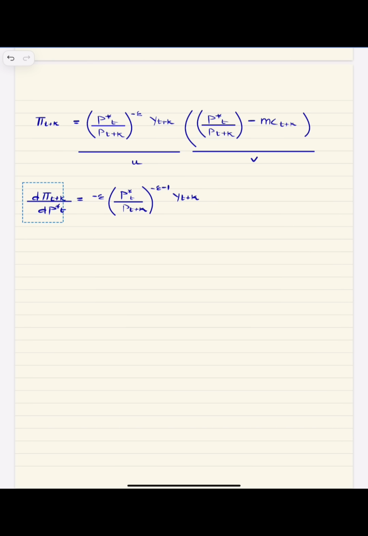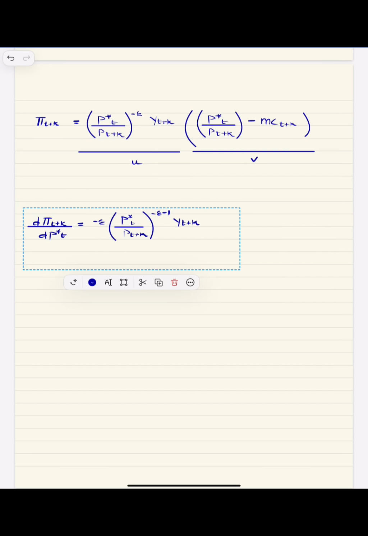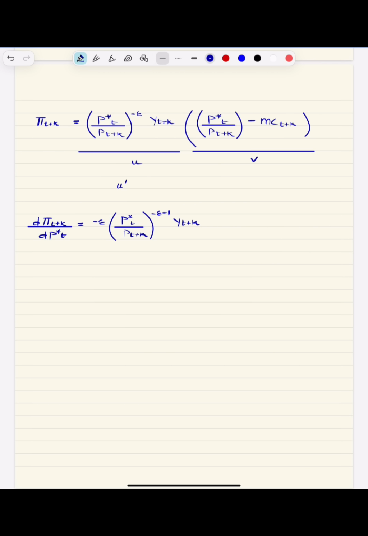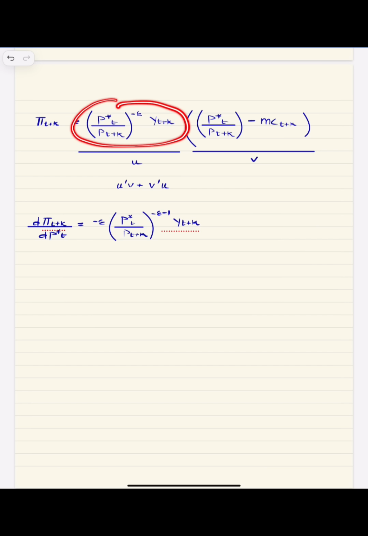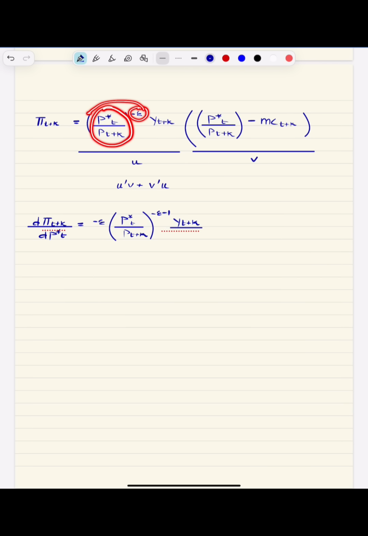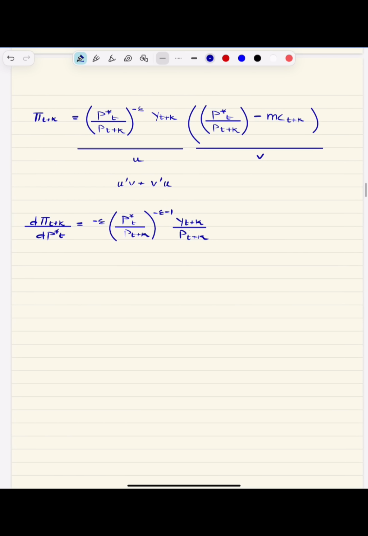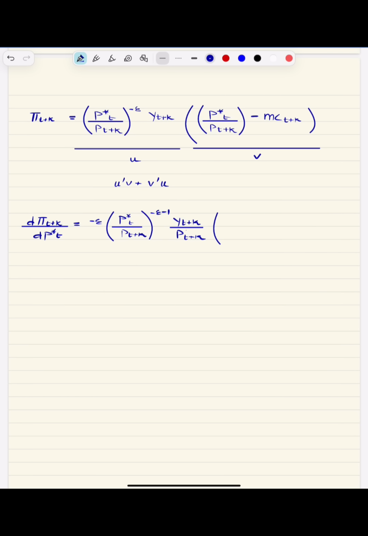Therefore, the product rule is going to be the derivative of u times v plus the derivative of v times u. So I'm taking the derivative of u, so the power comes down, and the derivative of the internal expression is 1 over p t plus k. So this is the derivative of u, and we should write v as it is.